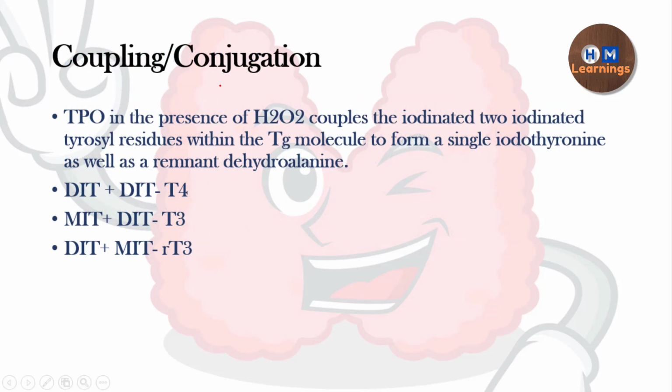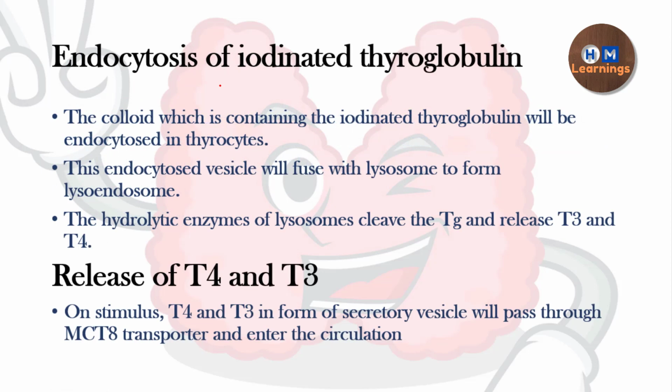This also occurs in the presence of H2O2 catalyzed by TPO, thyroid peroxidase. And then we have endocytosis of the iodinated thyroglobulin. They will then fuse with the lysosome to form lysoendosome, and then there will be cleavage of the thyroglobulin to release T3 and T4. On stimulus, the T3 and T4 will be released in the form of secretory vesicles. They pass through this transporter and enter the circulation.